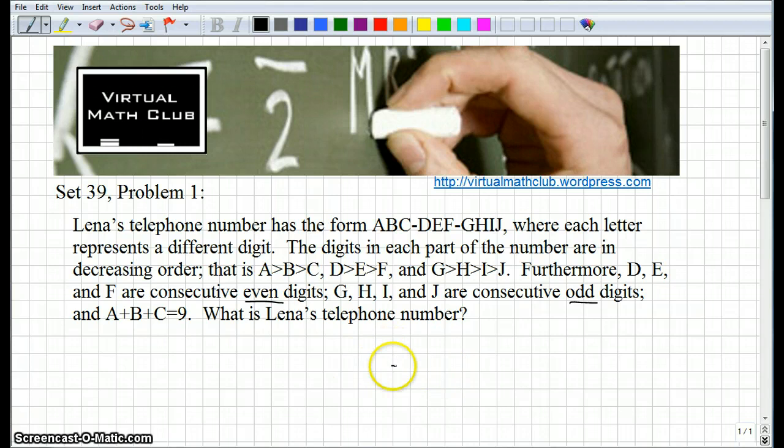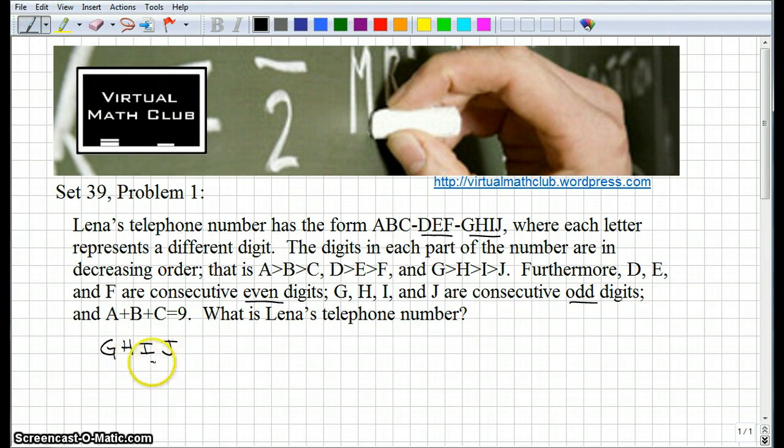Alright, well, let's figure out what we got here. We know that D, E, and F, this middle part, are all even digits in decreasing order, and these are all odd digits in decreasing order. So I'm going to look at G, H, I, J first, because that's got the most digits.